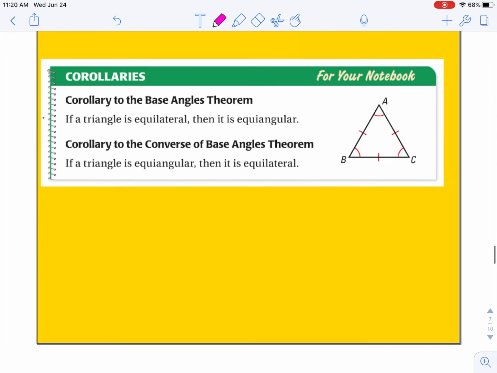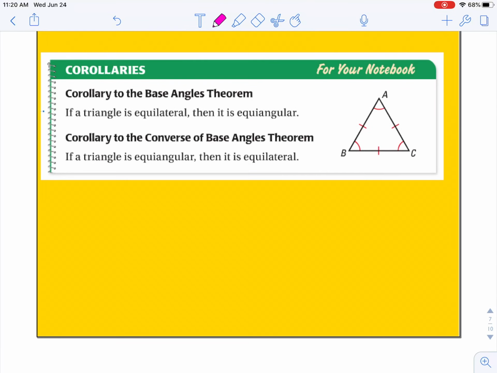That is the same side, so let's move forward here. This is the corollary to the base angles theorem. And remember, corollaries are just natural things that occur from the actual theorems. So if we know a triangle is equilateral, then it's also going to be equiangular, because if you just look at these two sides being congruent, using the base angles theorem, the angles directly across would have to be congruent.